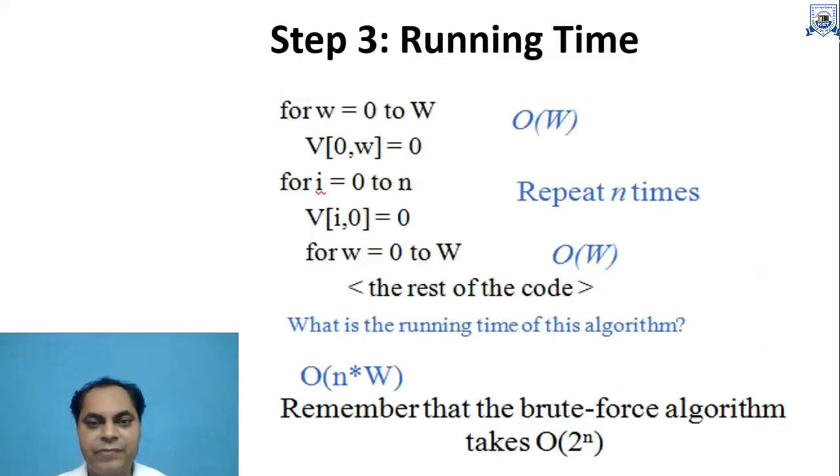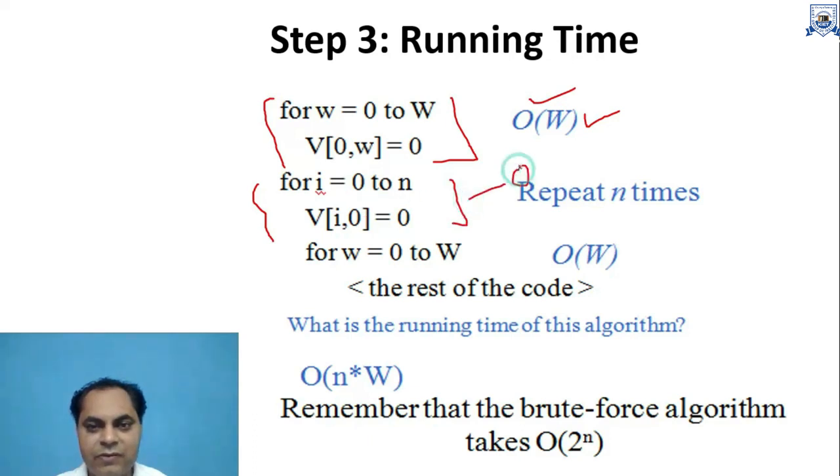Okay, so the capacity is W. For the first loop, the complexity would be order of W, and n denotes the number of items, so the for loop goes n times, so it would be order of n.